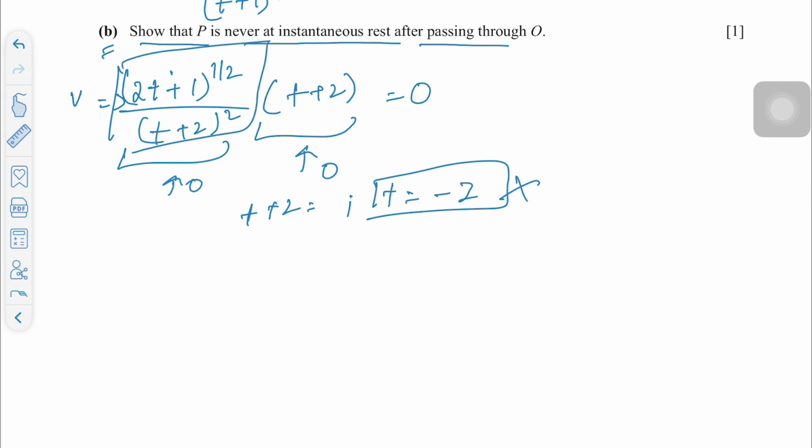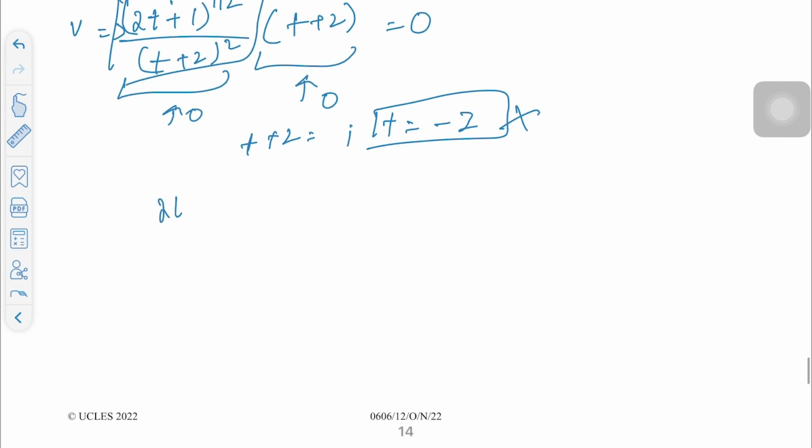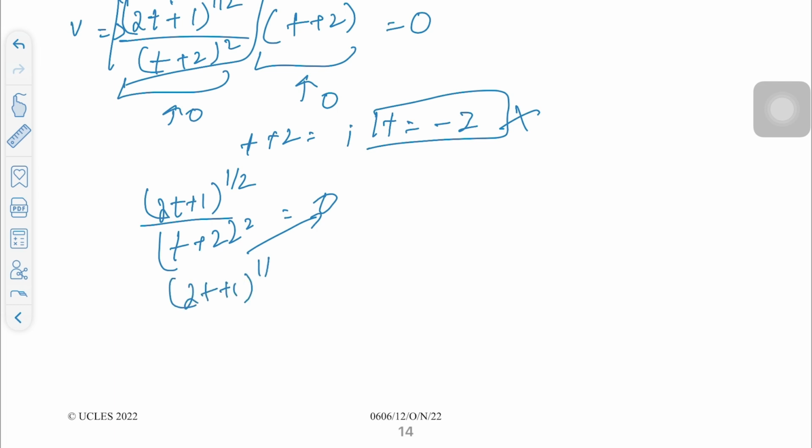And if we use this, we have 2t plus 1 power 1 upon 2 over t plus 2 whole squared. We'll be multiplying 0 by t plus 2 whole squared, so this would be again 0. We have 2t plus 1 power 1 upon 2 equals 0. This can be removed by squaring, so this would be 0 again, and this would be negative 1 over 2.